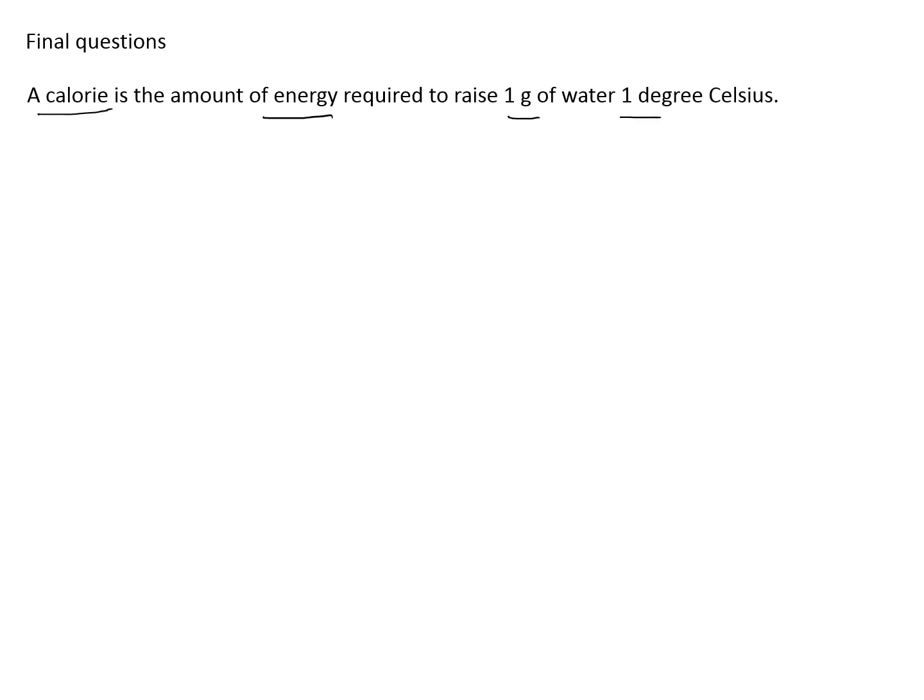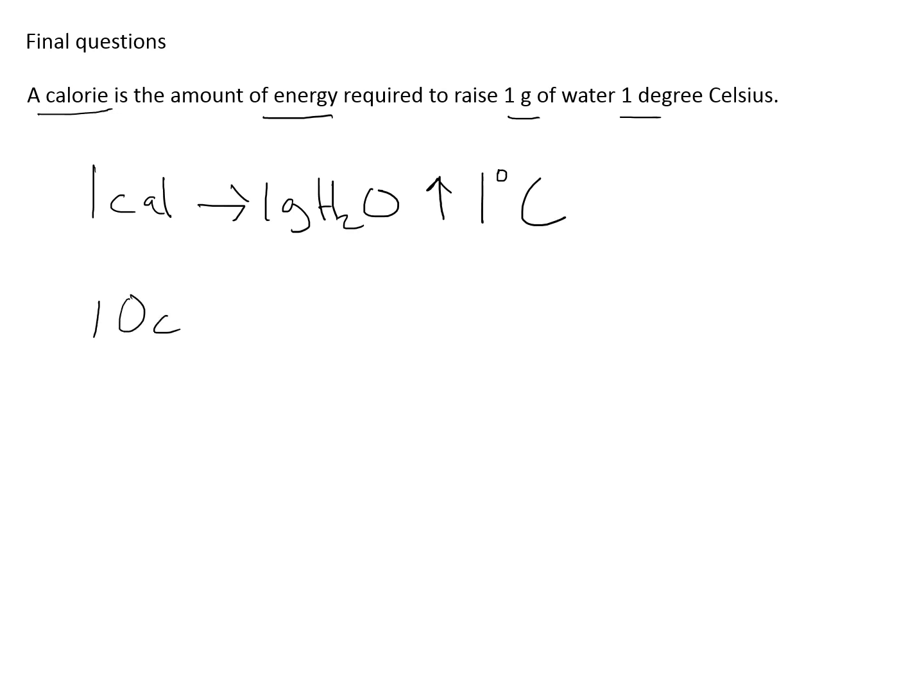So if you add 1 calorie of heat energy to 1 gram of H2O, the temperature will go up 1 degree Celsius. If you added 10 calories to 1 gram of H2O, you would increase the temperature by 10 degrees Celsius, and so forth.